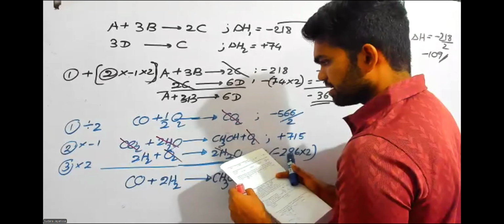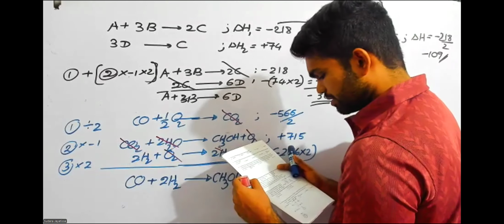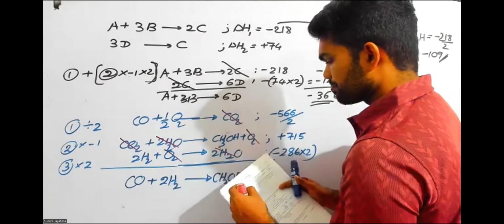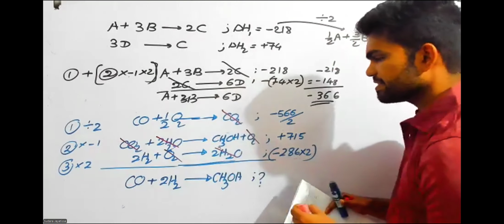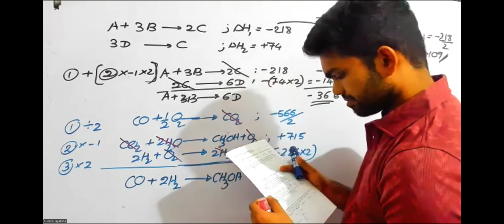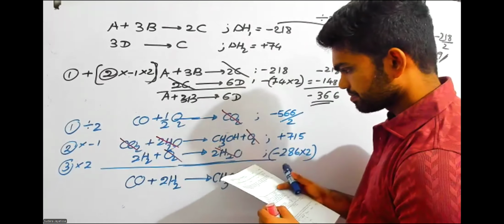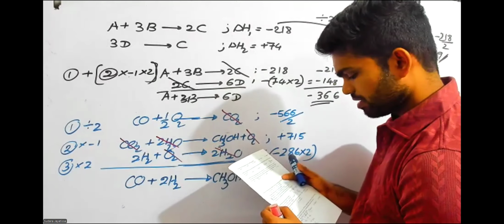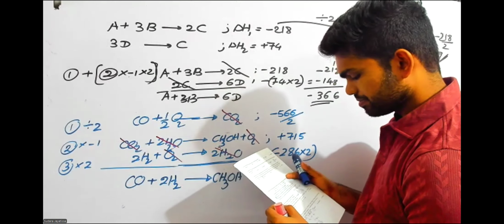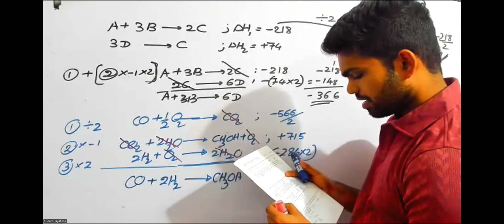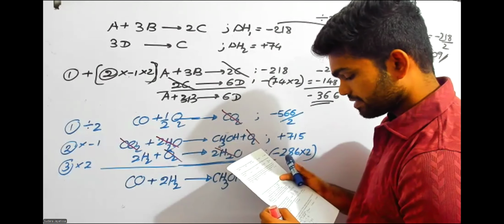Wait, when we are multiplying by 2, is that 1 O2 getting cancelled? Half O2, O2, carbon dioxide.